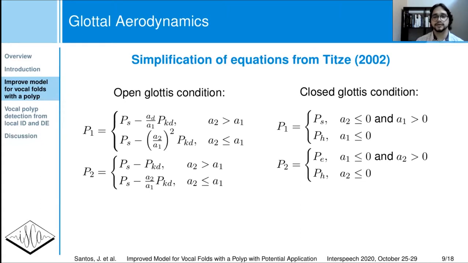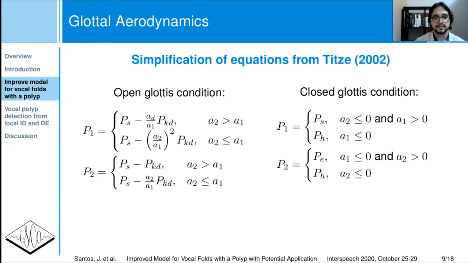So here we have the pressures based on the subglottal pressure, on the supraglottal pressure, and the hydrostatic pressure. The hydrostatic pressure is the mean of subglottal and supraglottal pressure.